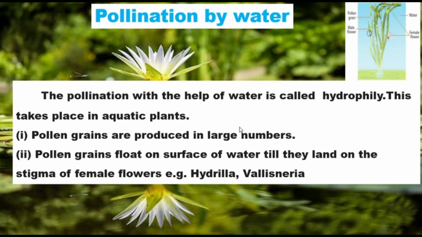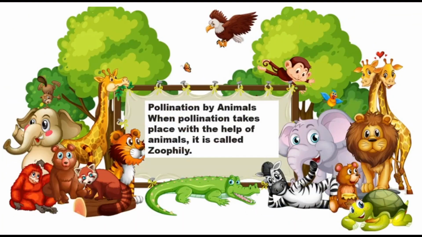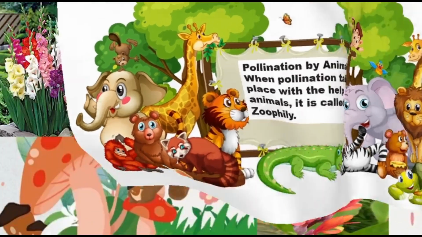The pollen grains should be produced in large numbers. The pollen grains may float on the surface of the water and be caught by the stigma of the flower. And for animals, we call it zoophily. When the pollen grain is carried from one flower to another flower by animals, we call it zoophily.